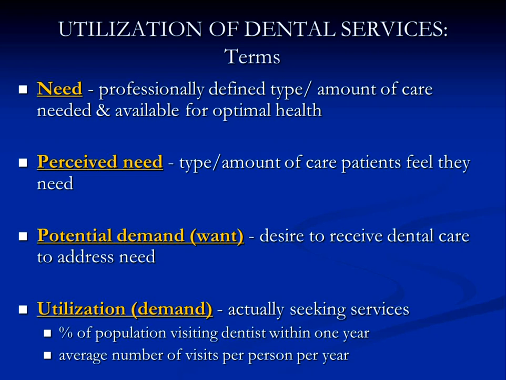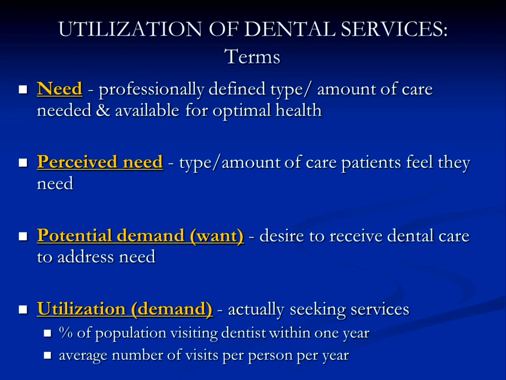The need, when we're talking about utilization of dental services, is a normative professional judgment as to the amount and kind of healthcare services that are required to attain or maintain oral health.